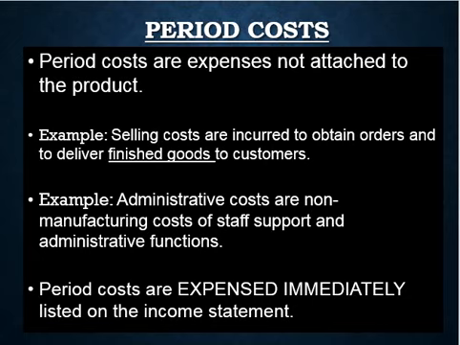Examples are any CEO salaries, any secretary salaries, any administrative functions. Those costs will be expensed immediately. Sometimes they'll say depreciation of administrative equipment. That will be a period cost and expensed immediately. When it's expensed immediately, it appears on the income statement, boom, right away.